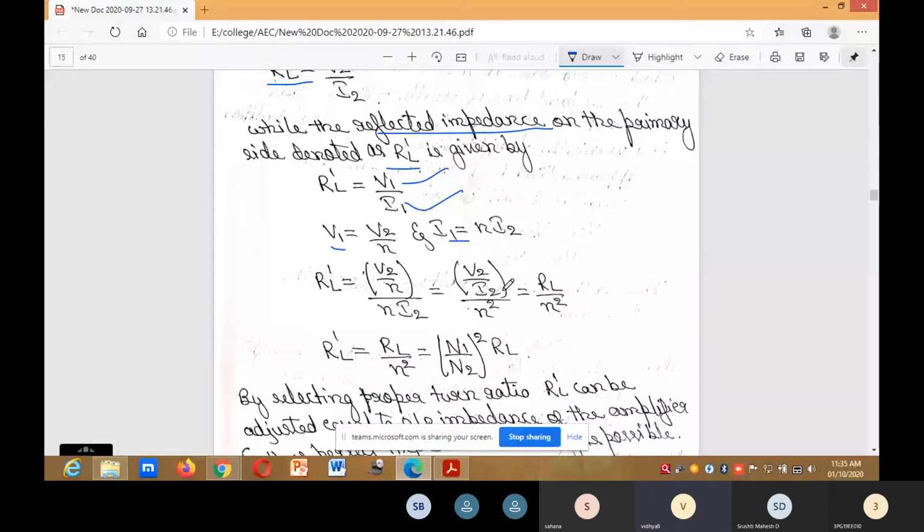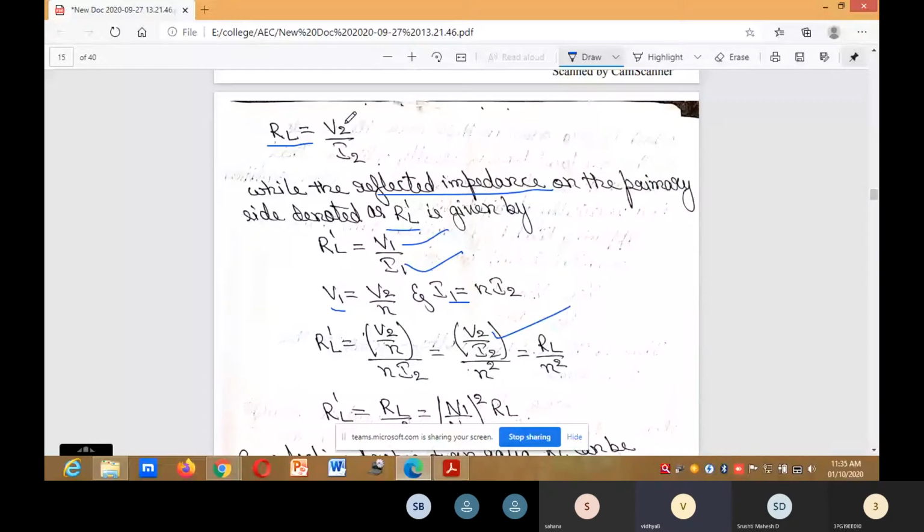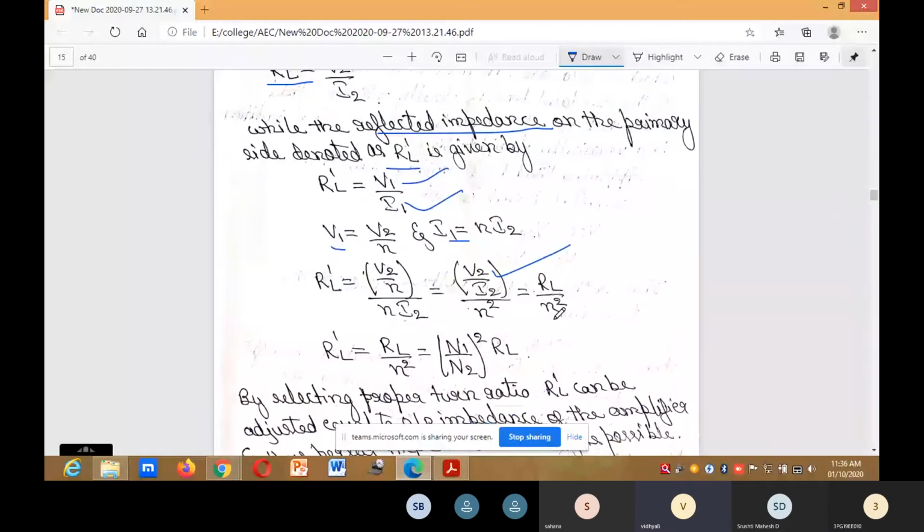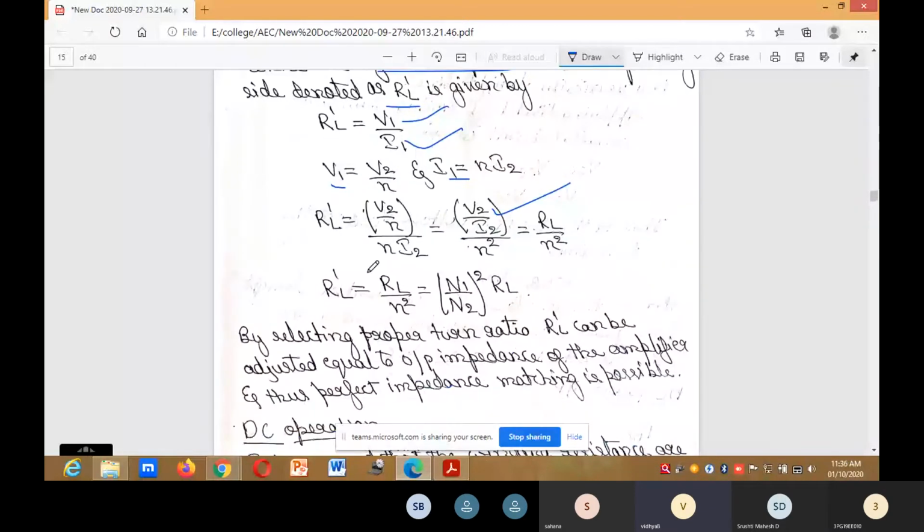You will get V2 divided by I2, whole divided by N square. V2 divided by I2 is RL, so RL dash is equal to RL divided by N square.